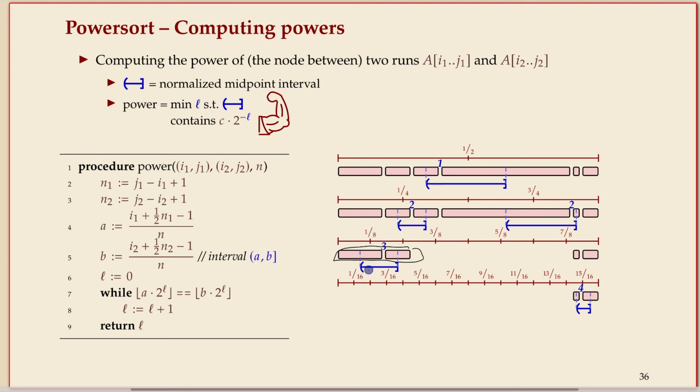And so on the third level, I have one of these red ticks inside the blue interval. That's why the power is 3. And similarly for the others, if you pick any of the other blue ones, this one came out as 1 because the 1/2 point is contained in this. If you go to this last one, that's a very small one, so not even the third one was contained, but the 15/16 one was contained, so it gets a power of 4.